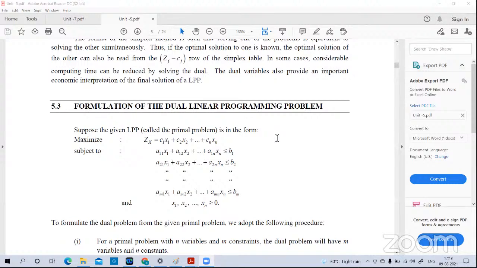This is to formulate from the given linear primal form.